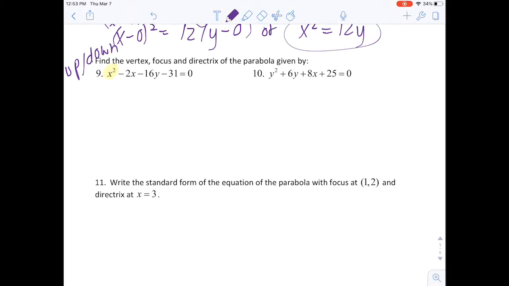Whichever one is squared, I'm going to keep on the left-hand side. So I'm going to keep the x squared and the 2x there, and then put a little blank right there because I need to complete the square. The 16y and the 31 are coming over to the right-hand side.